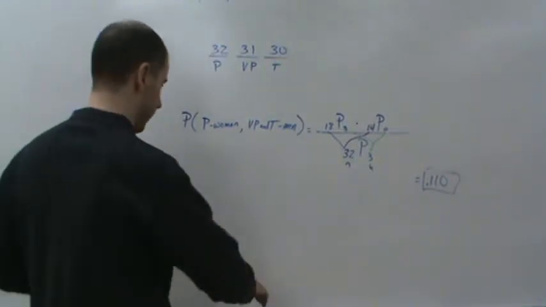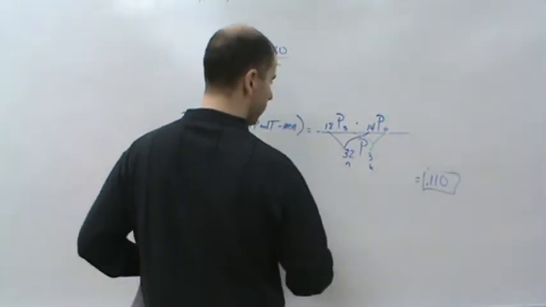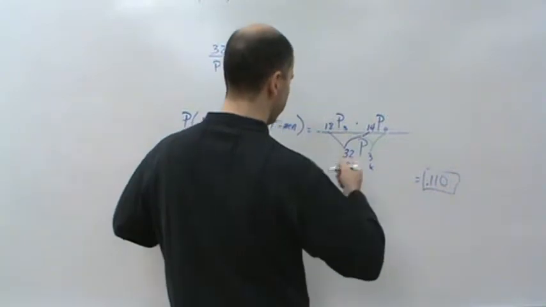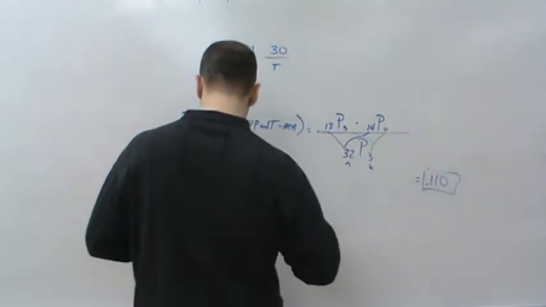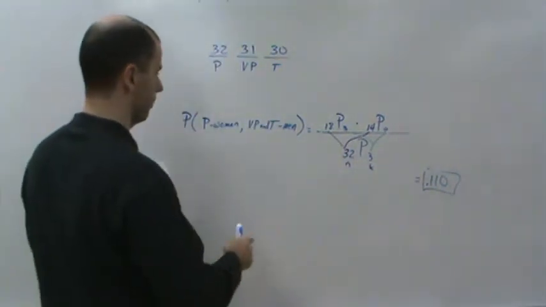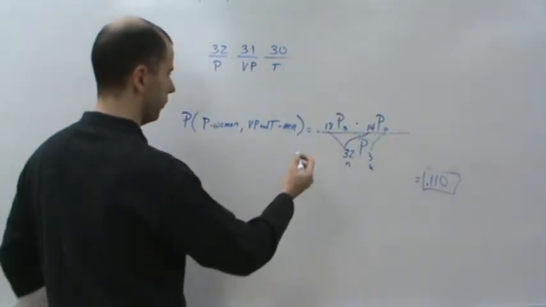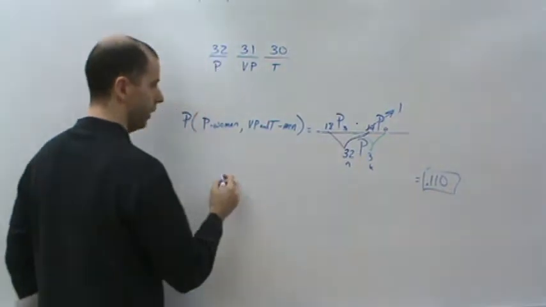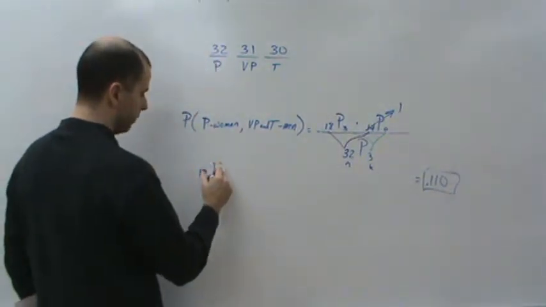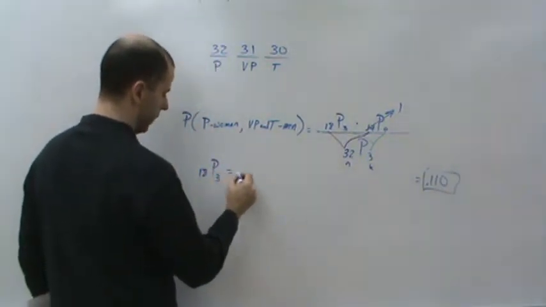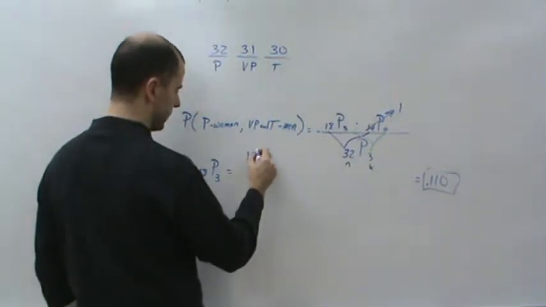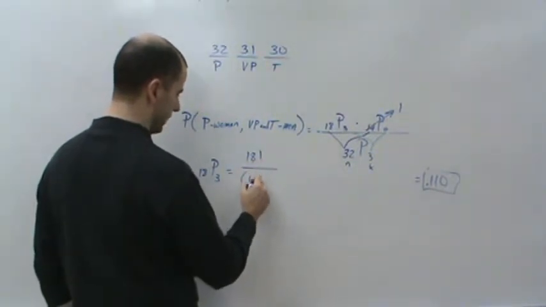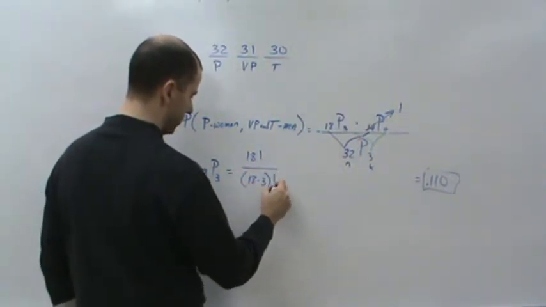Okay, so now, let's do this. So this is 1, right? We just did that one. 18P3, using the formula, is going to be 18 factorial over 18 minus 3 factorial.